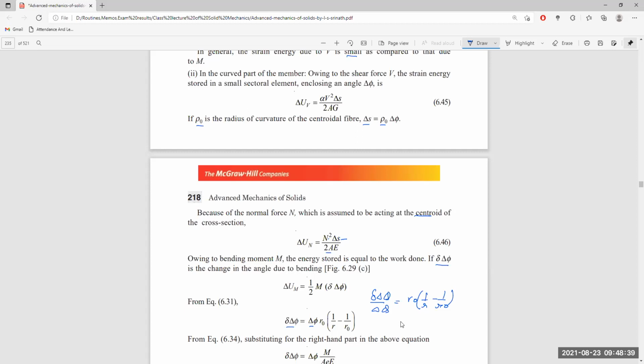And so total delta is given by this formula. 1 by R is the curvature of the fiber itself.